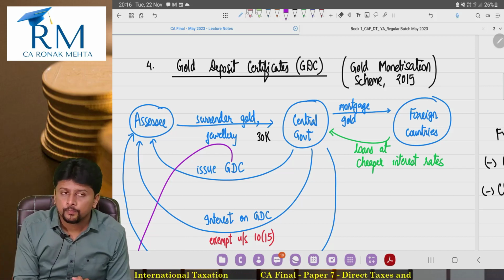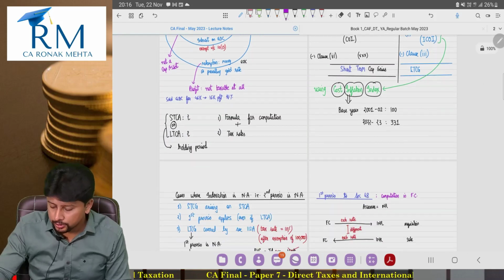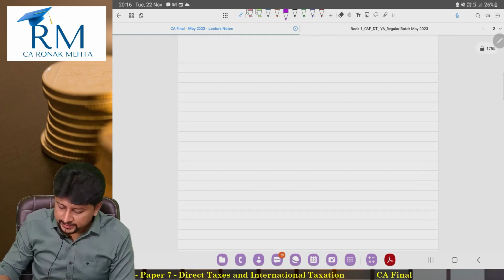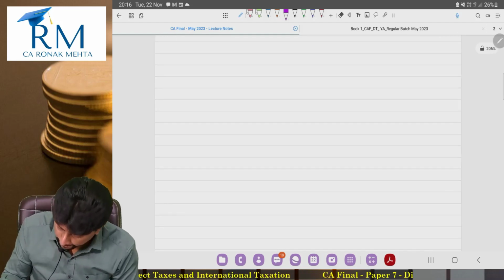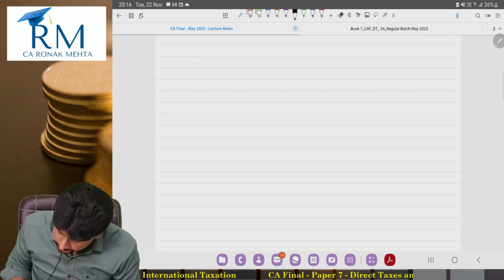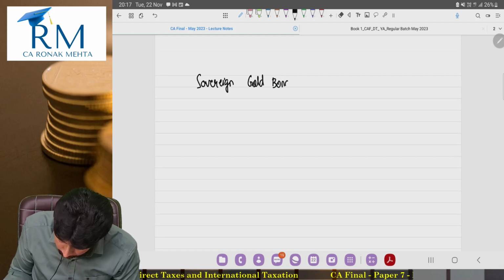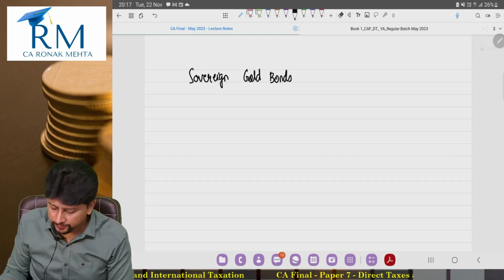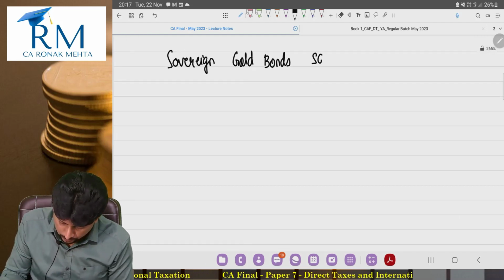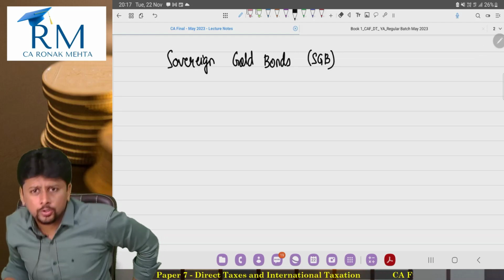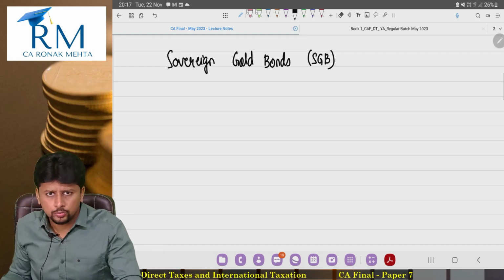Now government came out with a solution to this. What solution? Government said, देखो, we introduce a concept called sovereign gold bonds. What do you have to do? Don't go to a jeweler and buy gold. Don't purchase gold biscuits, etc. Don't do that. एक काम करो.